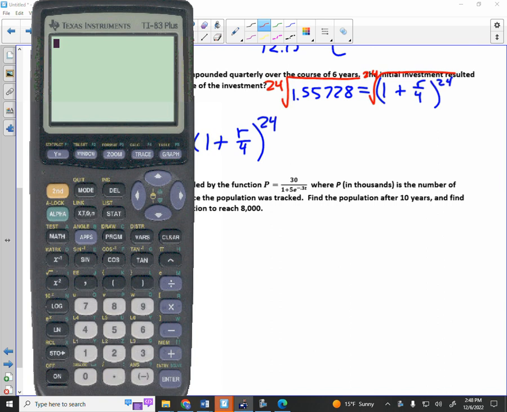So I know that on the right side, I'm left with 1 plus r over 4, but on the left side, I have to take 1.55728 to the 24th root. How I do that is I raise it to the 1 over 24 power. That's how I do it. And I get 1.0186.